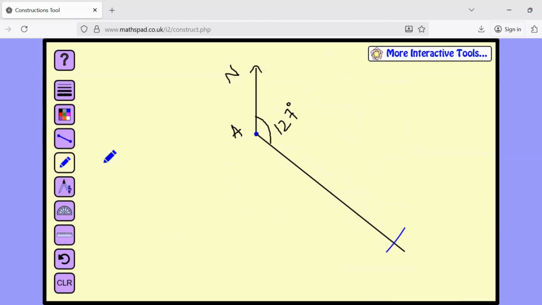Yes, and this is point B. It is 9 centimeters away.